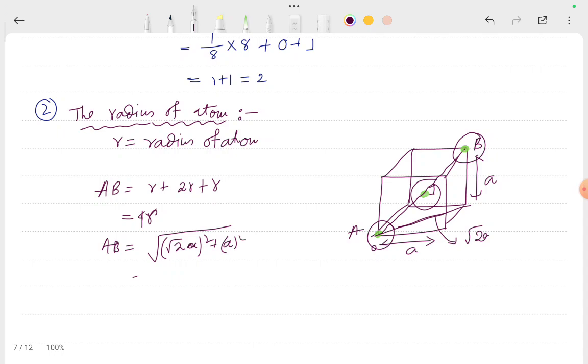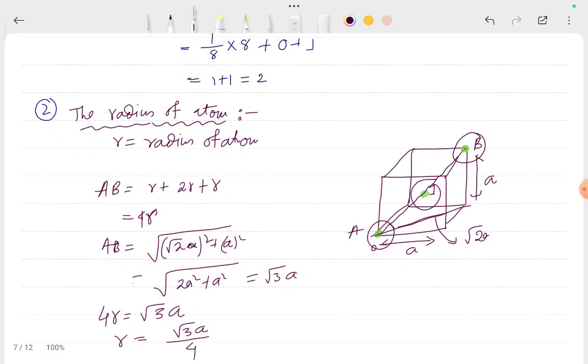We already calculated, right? So 2A square plus A square equals root 3A. Okay, so 4R equals root 3A and R equals root 3A upon 4. This is the radius of the atoms.